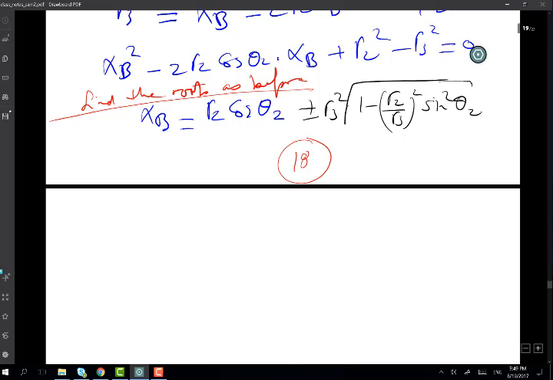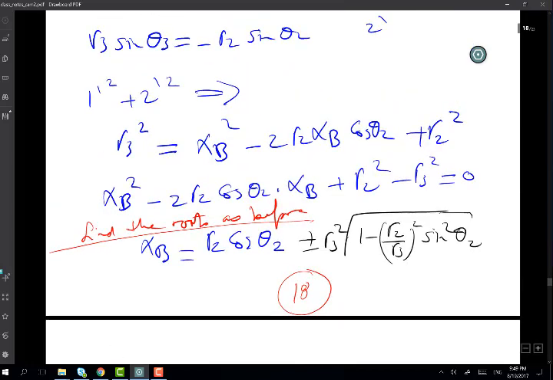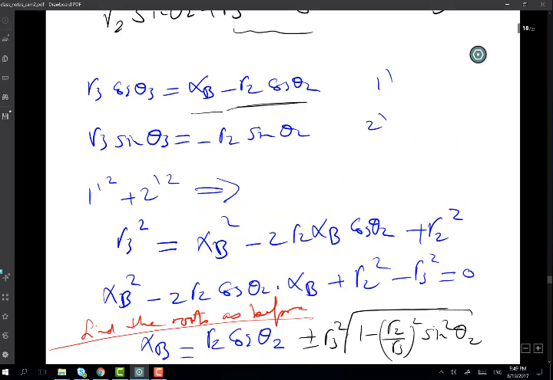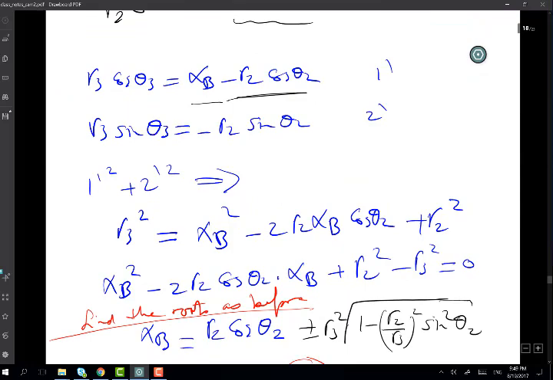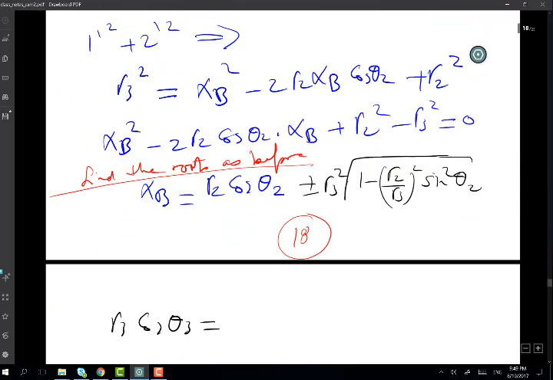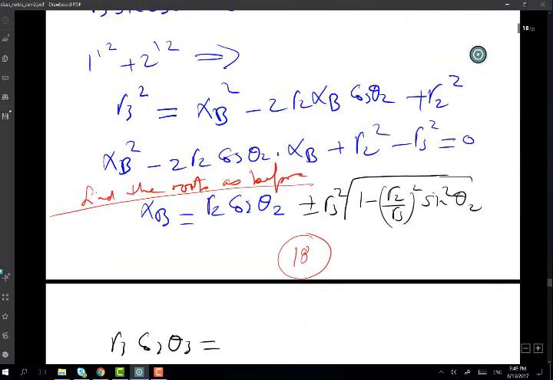Then I can plug XB into equation 1 dash to find R3 cosine theta 3, which was equal to XB minus R2 cosine theta 2. When you take this part away, you end up only with the square root.